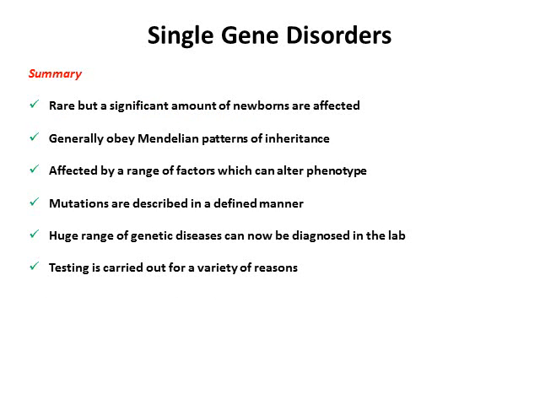So just to summarise what we've talked about: single gene disorders are rare, but they affect a significant number of live births. They generally obey Mendelian patterns of inheritance, so autosomal dominant, autosomal recessive, sex-linked. We've talked at length about the number of different factors which actually alter the disease or the phenotype that a person displays in response to possessing one of these mutations.